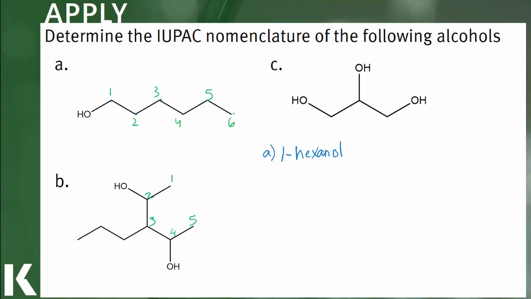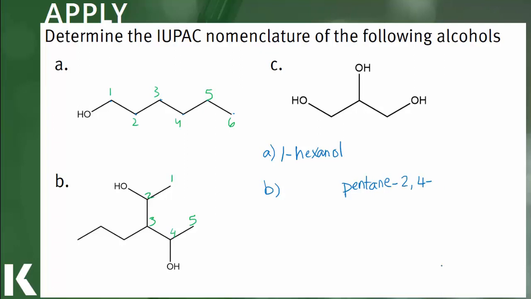We can see that there are 5 carbons in the parent chain, giving this pentane as a backbone. And notice that in this case, because we have multiple hydroxy groups, we keep the E ending. The hydroxys are on the 2 and 4 position.